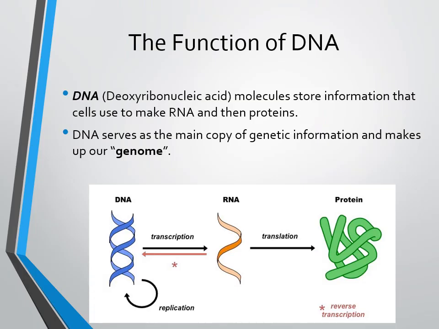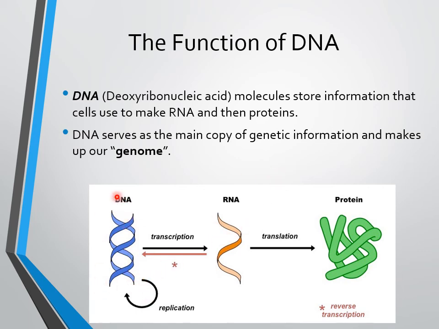So the function of DNA, it stores the information to make cells, or to help cells make proteins. And we'll talk about that in a couple weeks. I think we've got a little bit of time before we truly cover protein synthesis, but we'll get into that. And it serves as the main copy of the genetic information.